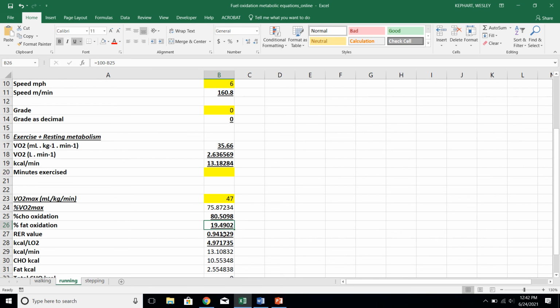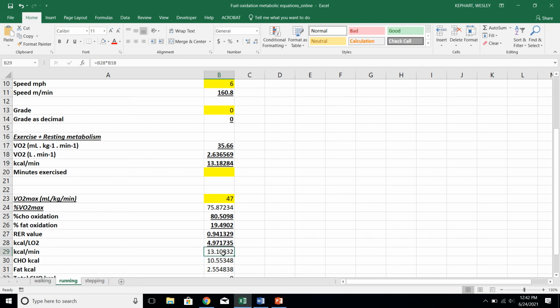Your respiratory exchange ratio should be around 0.94, and then your kcals per liter is going to be right around this, and your kilocalories per minute is going to be right around 13.1. So I would go with that number rather than that number, if that makes sense.